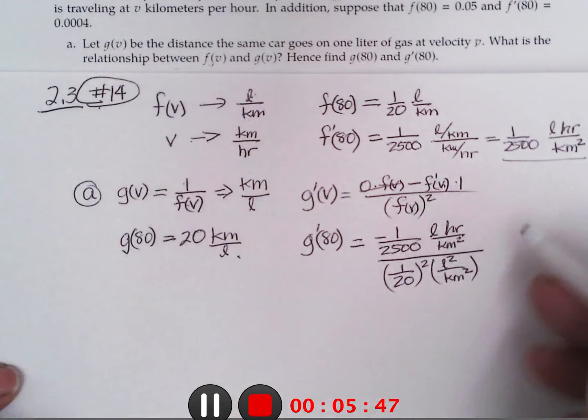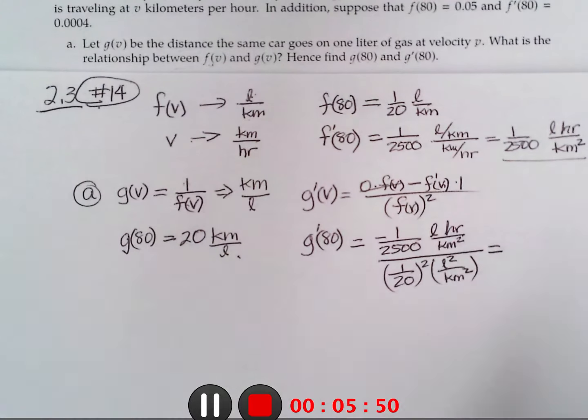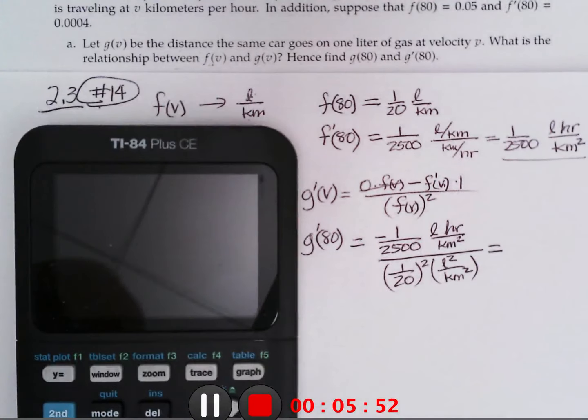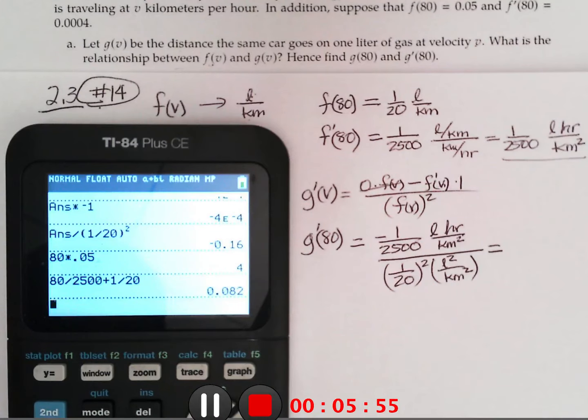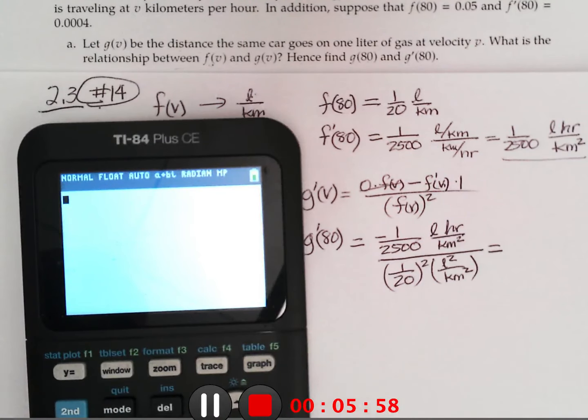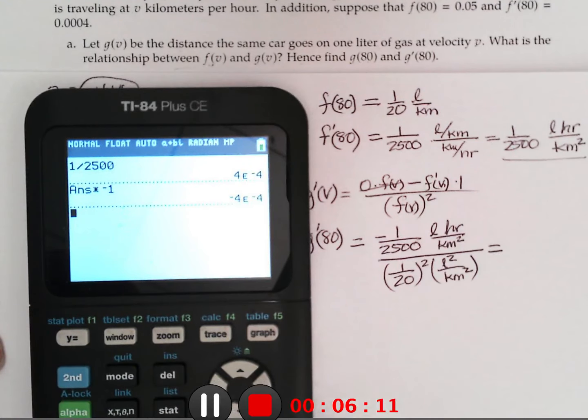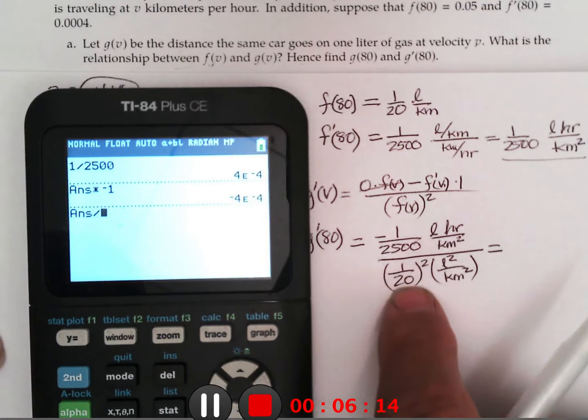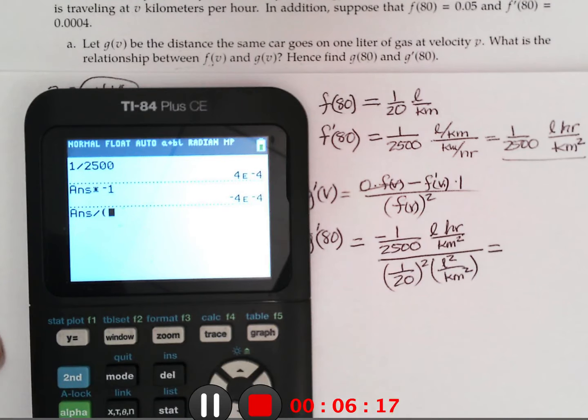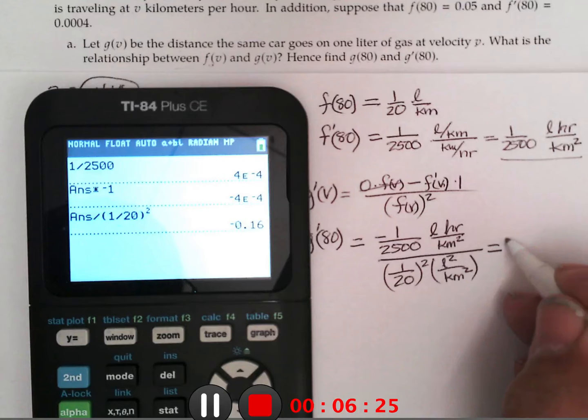So we've got 1 divided by 2,500, and that should be negative. I forgot to put the negative on, so there's that correction. Divided by 1/20th squared, this comes out to be negative 0.16.